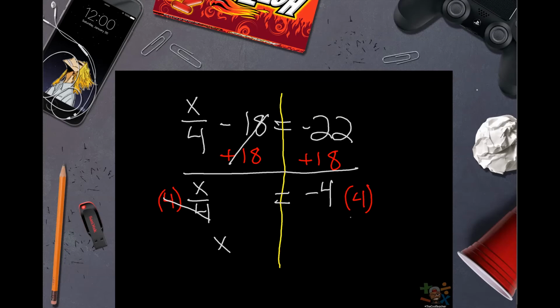If you remember how to multiply integers, a negative times a positive is a negative, and 4 times 4 is 16. So I have x equals negative 16, and that is the answer to this problem. x equals negative 16.